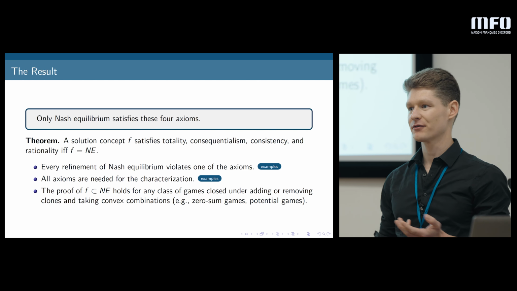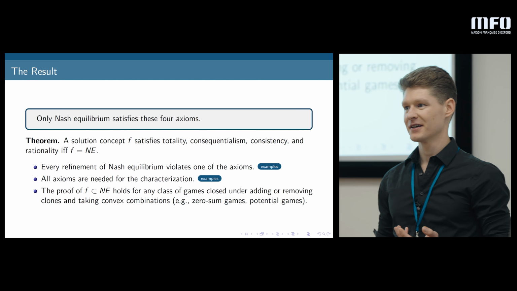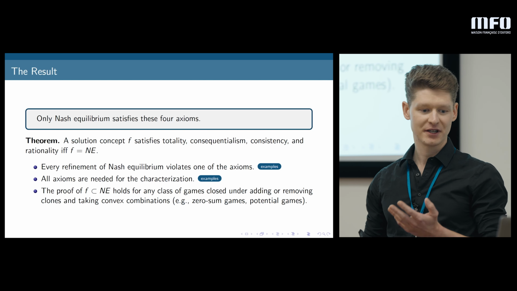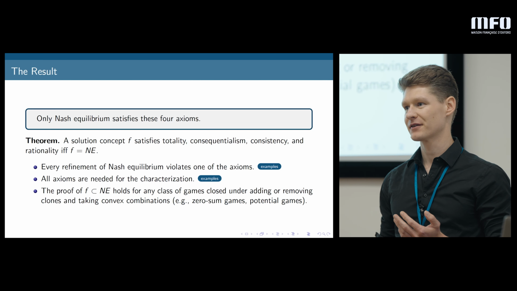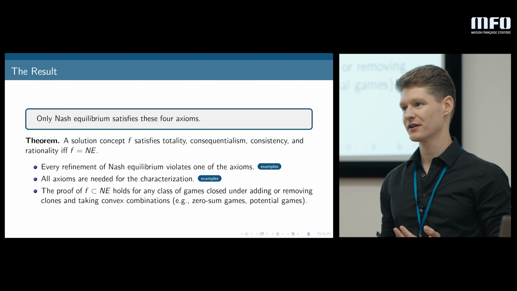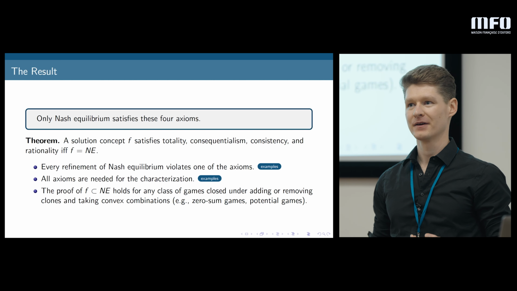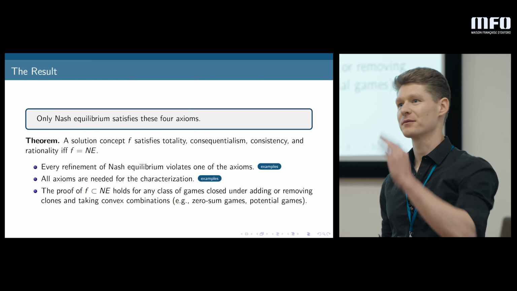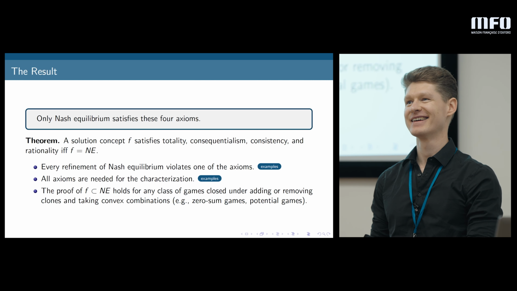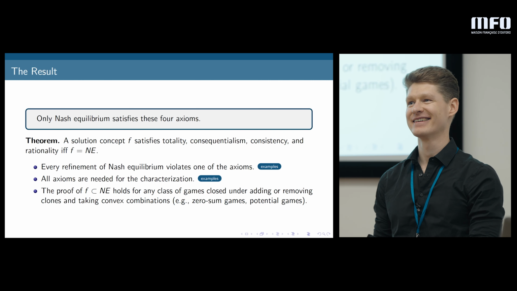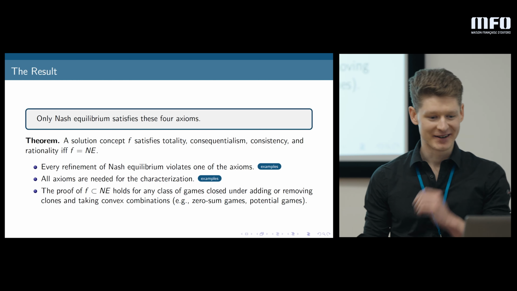For some of those, it's existence, and then it really depends. For some it's consistency, for some it's consequentialism. Rationality will be satisfied by all of them, of course. Okay, maybe one more. I can ask later, no problem.